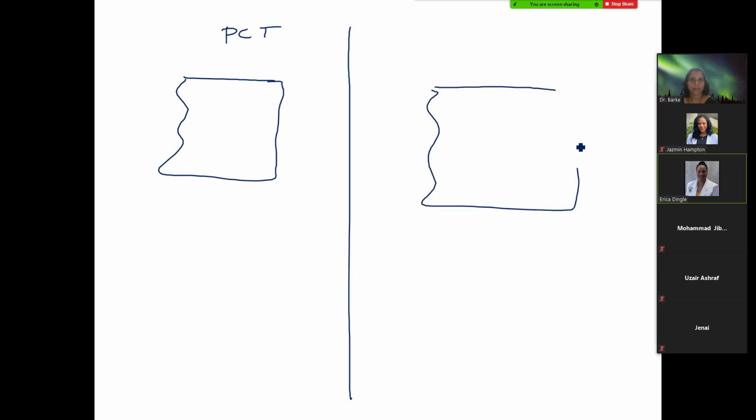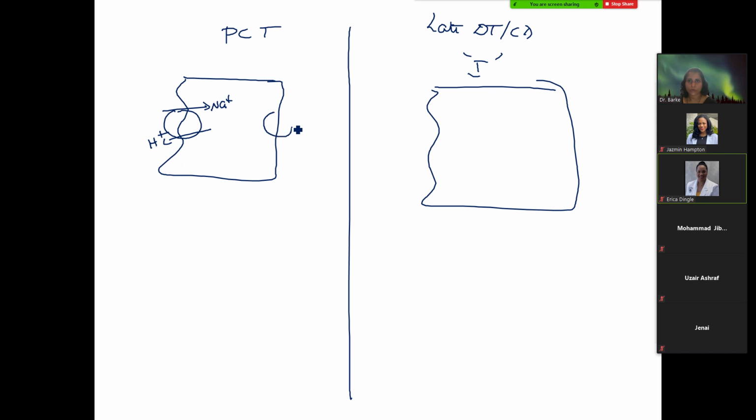If you look at the renal system, only two sites handle acid: the proximal tubule and the late distal tubule and collecting duct, the I cells. In the proximal tubule, the acid pump is the sodium hydrogen ion exchanger. But we also have to know where we got this H plus.